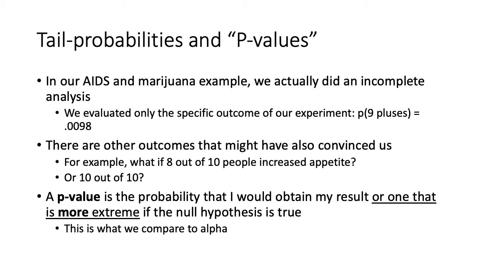A p-value is our term for the probability of obtaining the experimental result I got, or one that is more extreme if the null hypothesis is true. This is what we need to compute in all of our experiments, and this is what we compare to alpha. So the 0.0098 that we already computed is missing some information. So let's take a look at what.